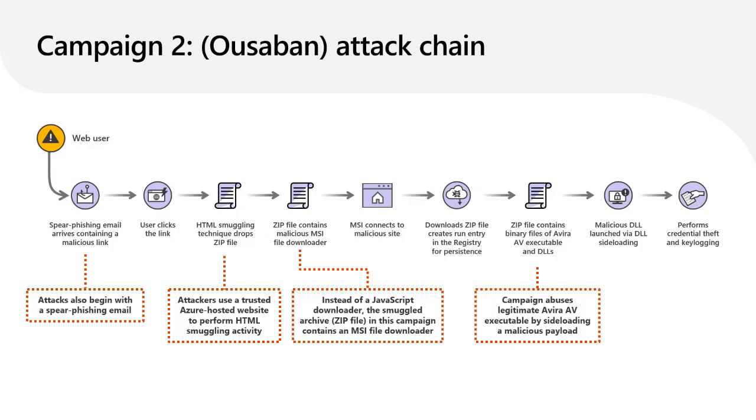But again, like we have seen in Daemon Tools, one of the DLLs is manipulated with malicious content, and that DLL is executed via DLL side loading, since the DLL is kept in the same folder as the executable. And at the next stage, it would be responsible for doing credential theft and key logging.